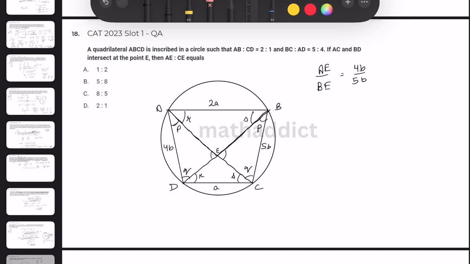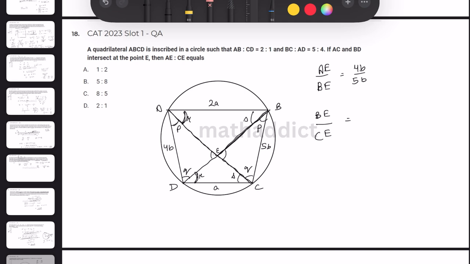And using the fact that triangles ABE and DCE are similar, we get AE upon CE. Or rather, BE and CE are both opposite to angle R, so we get BE upon CE.